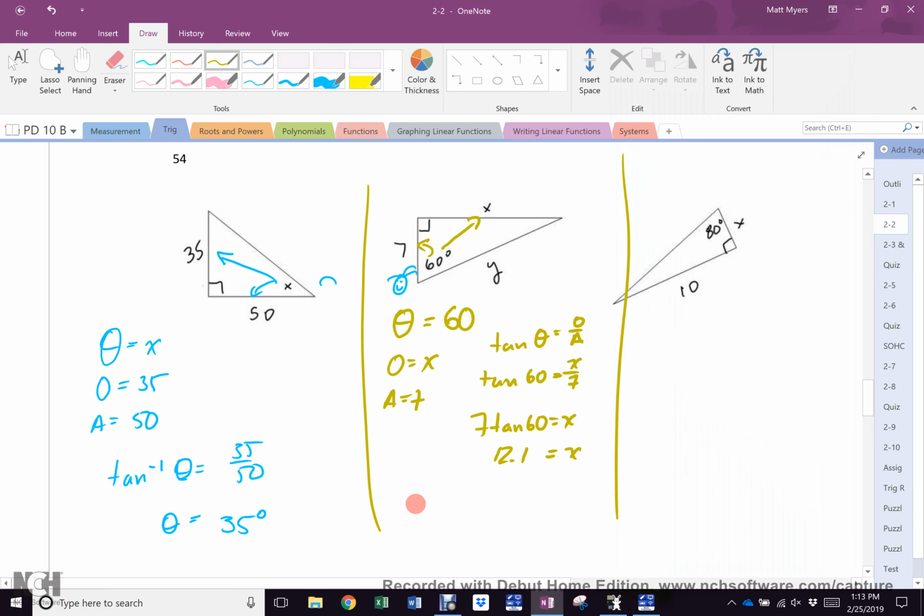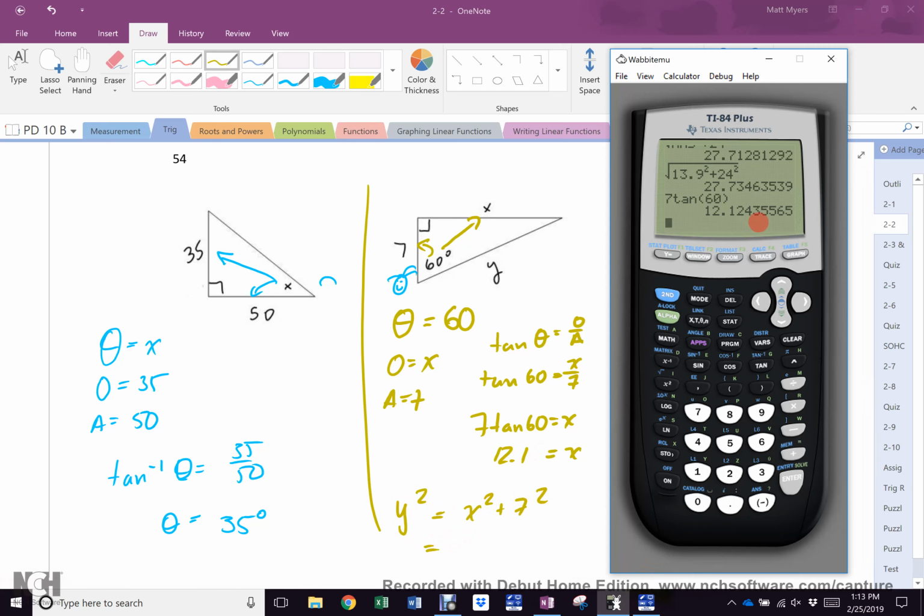Y squared equals X squared plus 7 squared. Now, X squared, we've written it as 12.1, but it's sitting on our calculator, yes? So I just go answer squared plus 7 squared equals that.